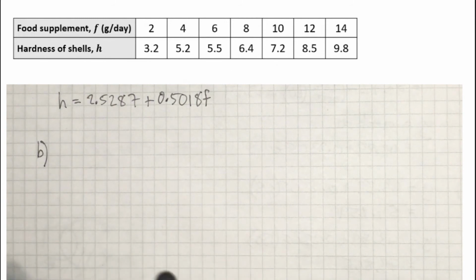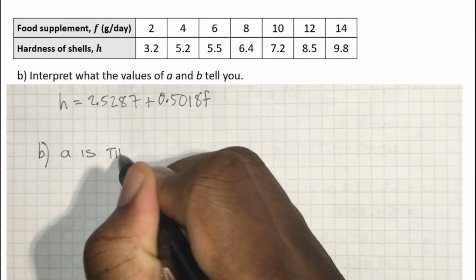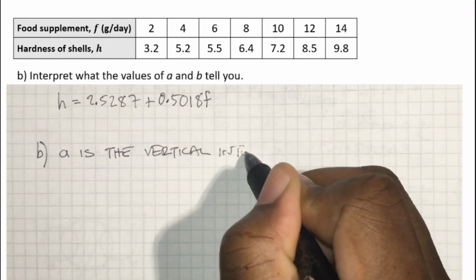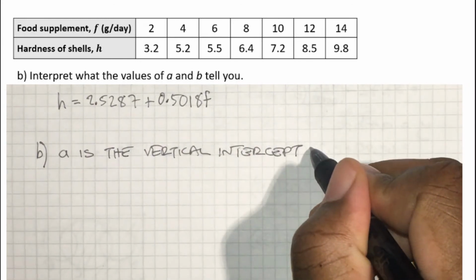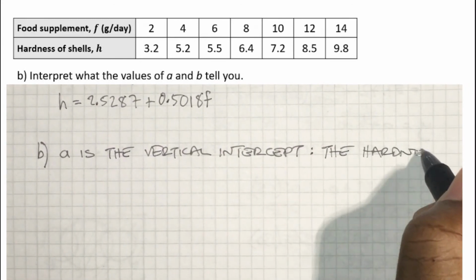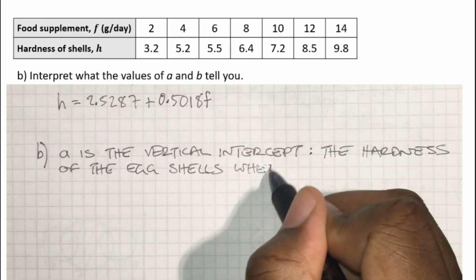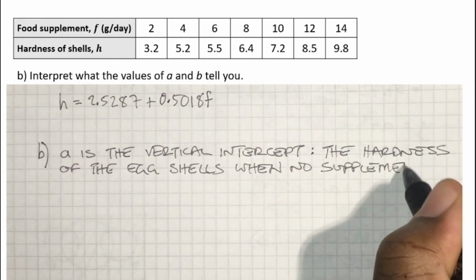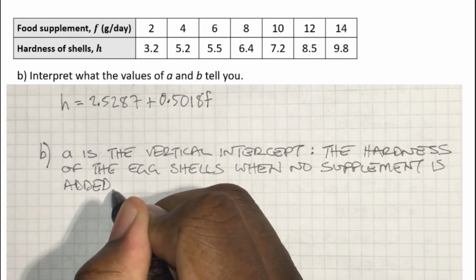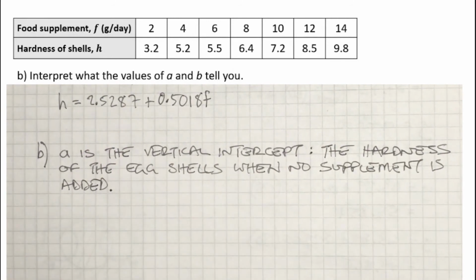We're asked to interpret what the values a and b tell us. Well, a, I'll call the vertical intercept rather than the y-intercept, since the vertical variable, the dependent variable, isn't even y. It's the vertical intercept, and as always, this tells us the value of that variable when the independent variable is 0. So in this case, the hardness of the eggshells when the amount of supplements added is 0. What about b?